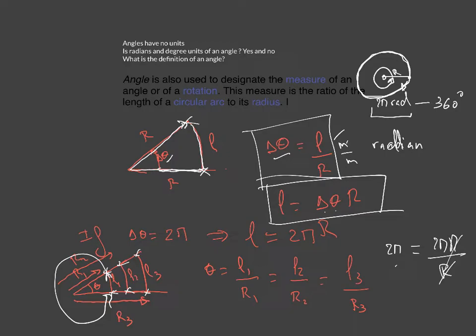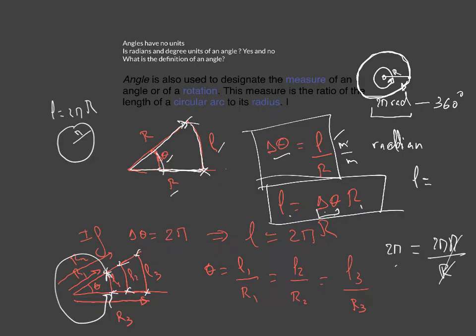We check that this definition is consistent with the fact that the length of a circle of radius r is 2 pi r. Okay? So I want you to learn this. The length is equal to the radius times delta theta, the angle subtended. But this angle must be measured in radians.